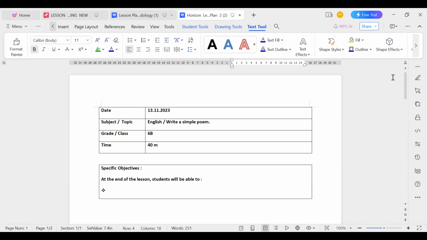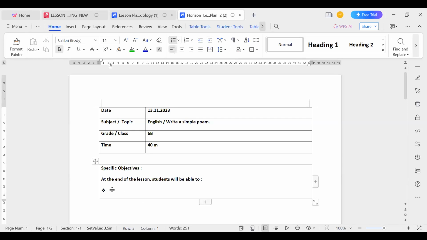Yes, ma'am. Right. So at the end of the lesson, students will be able to, what will they be able to? Cognitive domain.